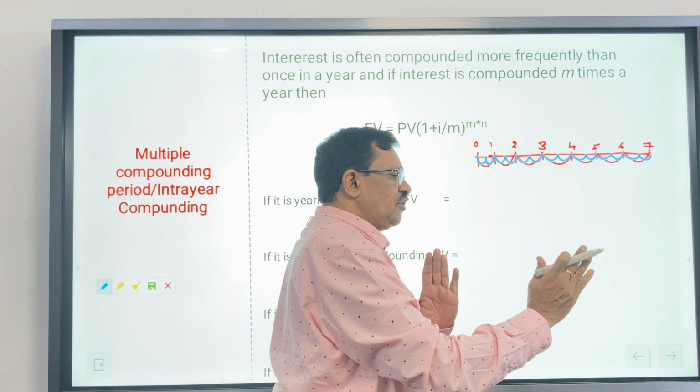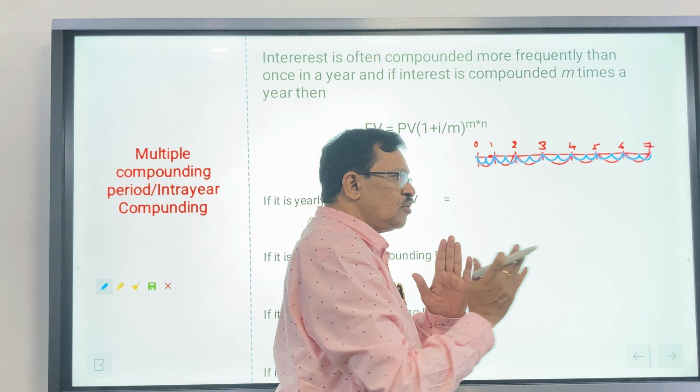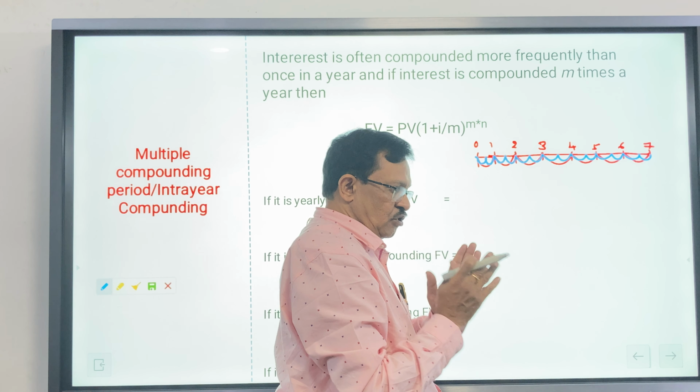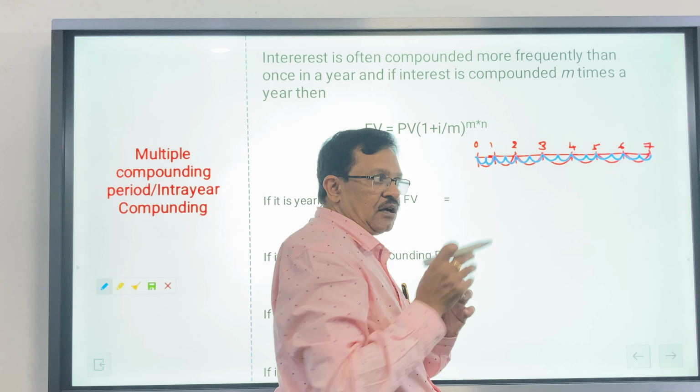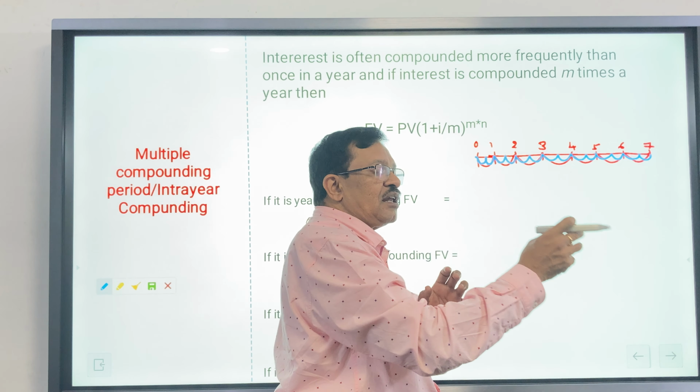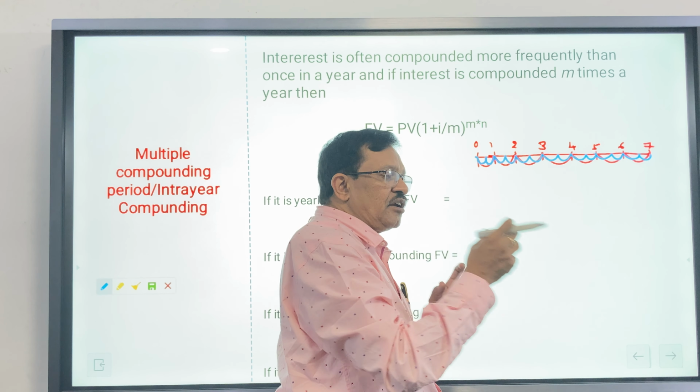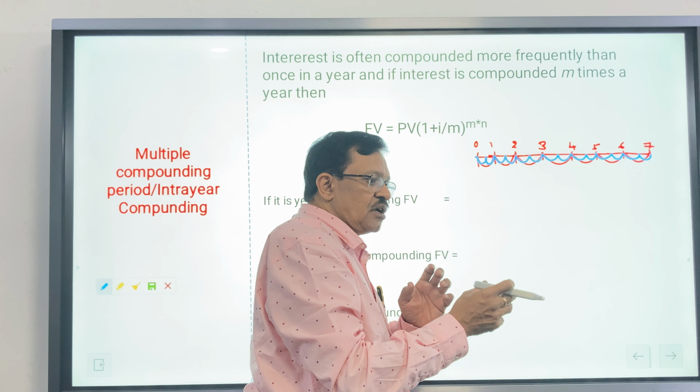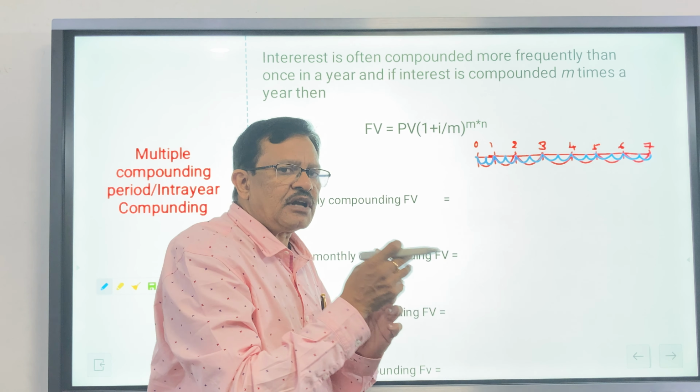Again calculate the interest again. Like this, you are going to compound that particular principal which has been given, and you are going to calculate interest on interest, interest on interest, and you are going to compound it 12 times in a year.